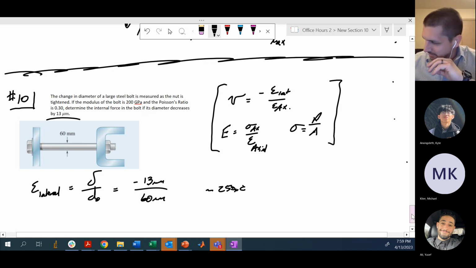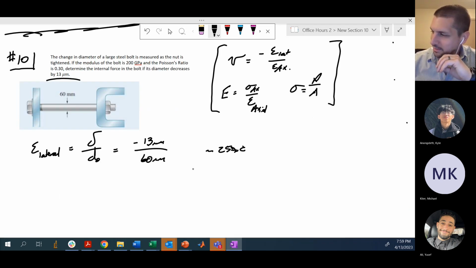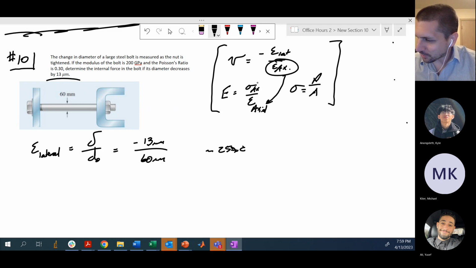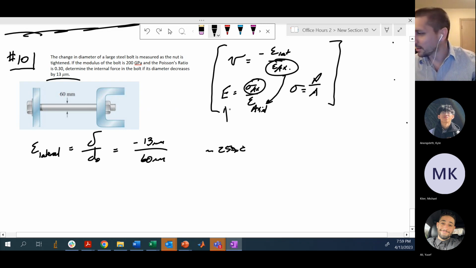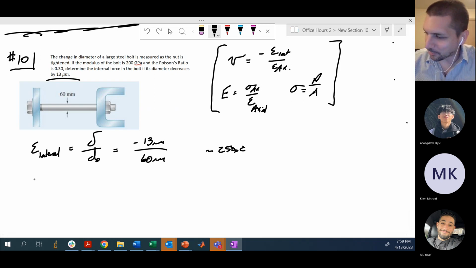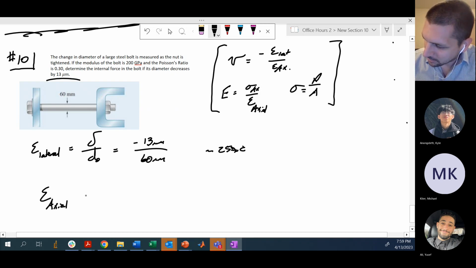All right, great. But really, we want to use Poisson's ratio to get us to an axial strain. Then that axial strain can be used to get us to the axial stress using the modulus, and that axial stress can be related back to the load using the cross-sectional area of the bolt. That's the general purpose. So I want the axial strain, which is the negative lateral strain over Poisson's ratio.